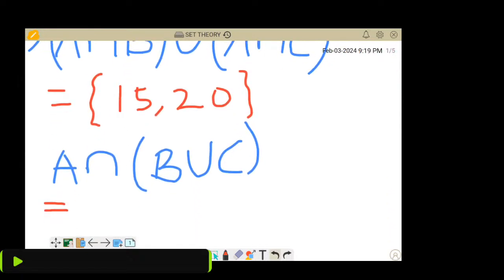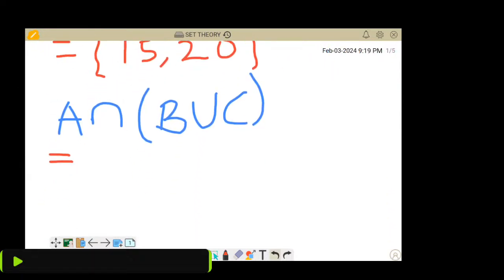So what is now their intersection? What do they have in common? Okay, let's see. A intersection B union C, what they have in common, is also equal to 15 and 20. If you check very well, that is equal to 15 and 20.